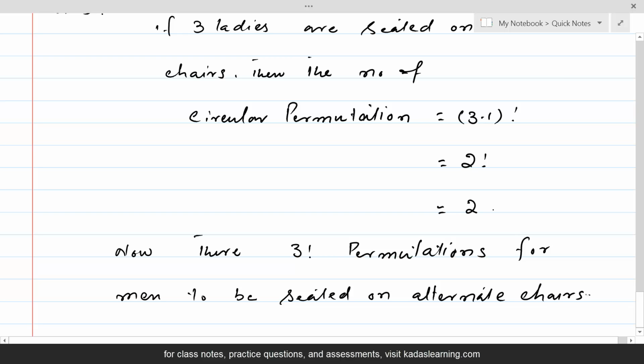The reason is that this permutation for men is not circular anymore.